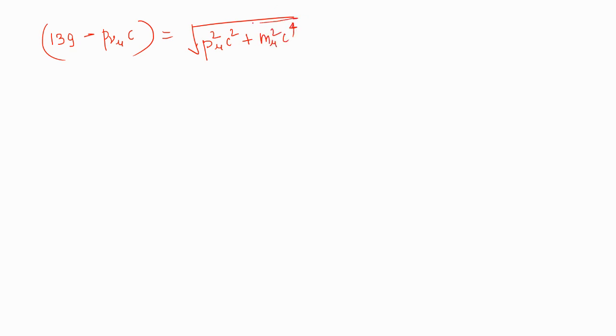So if this is under root, I'm taking it to the left hand side. So it will be 139 minus p mu c, squared, equals p square mu c square plus m mu square c4. This is just simple mathematics.